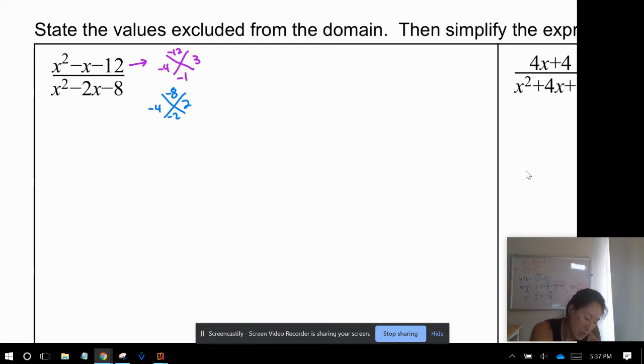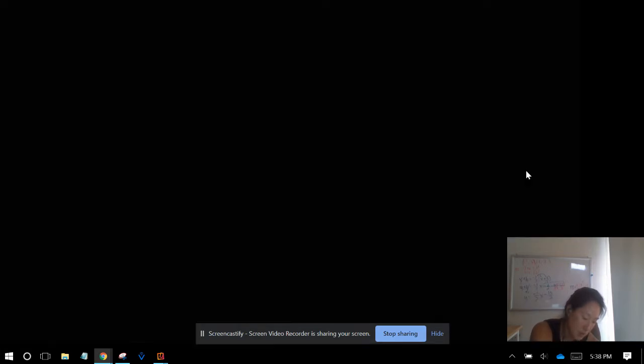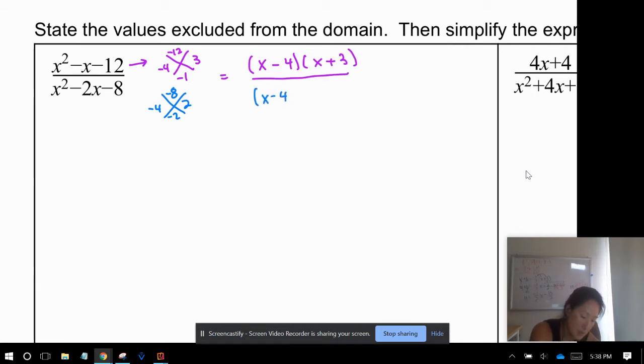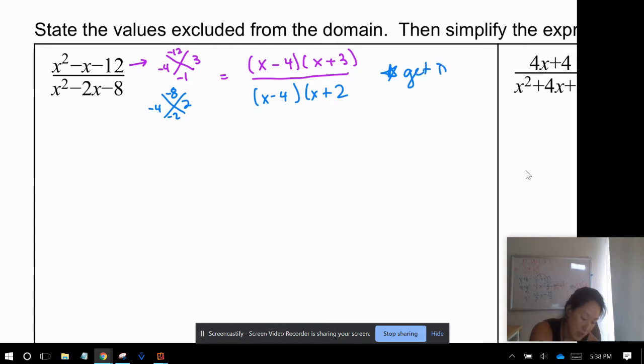All right, so I am going to rewrite this in factored form: x minus 4 times x plus 3 all over x minus 4 times x plus 2. And this is where we get the domain, before we cancel.